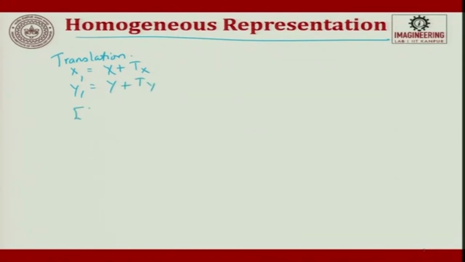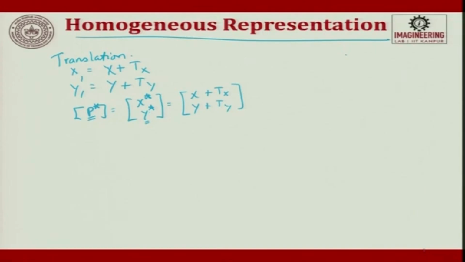So the new point P star can be represented as x star, y star, which is nothing but x plus tx, y plus ty. These are the points x and y, and these are the converted points.